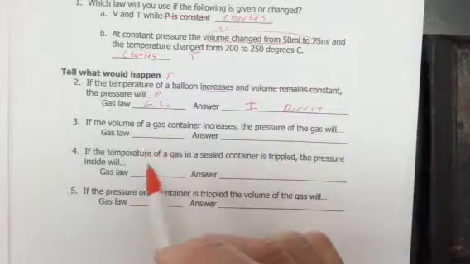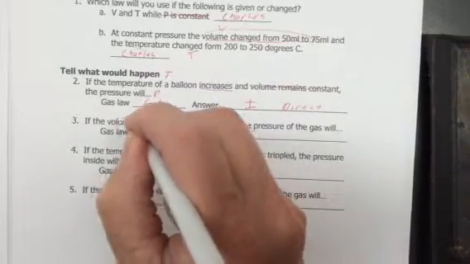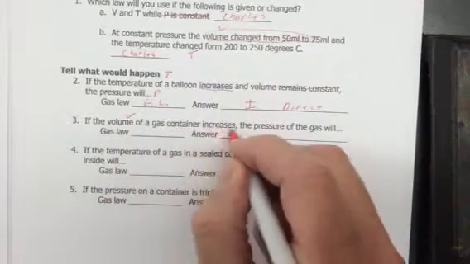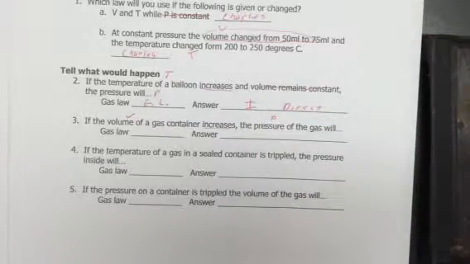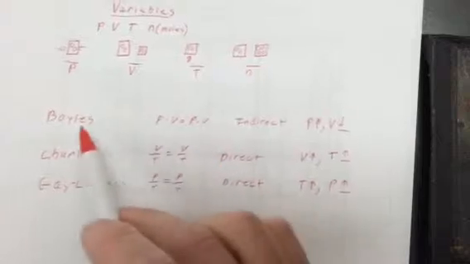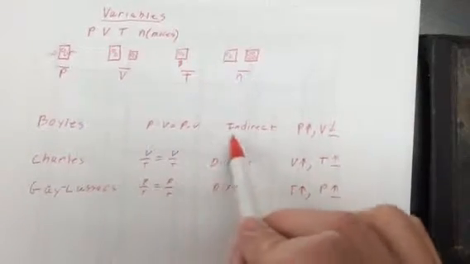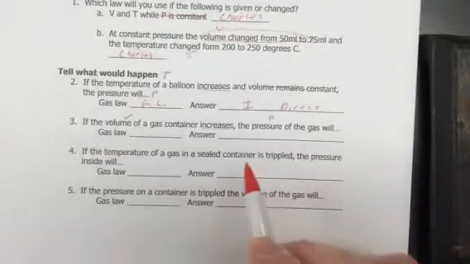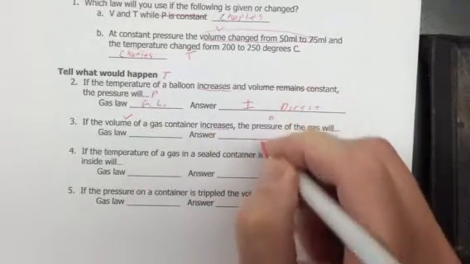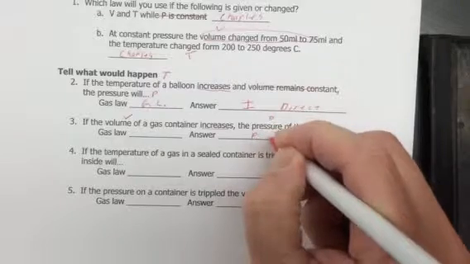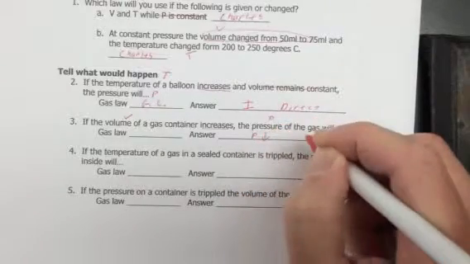Okay. The next one is the volume of a gas in a container increases. The pressure will. So now we've got V and P. Well, V and P is a Boyle's. Boyle's says indirect. So if the volume increased, that means the pressure must what? It must decrease. Why?